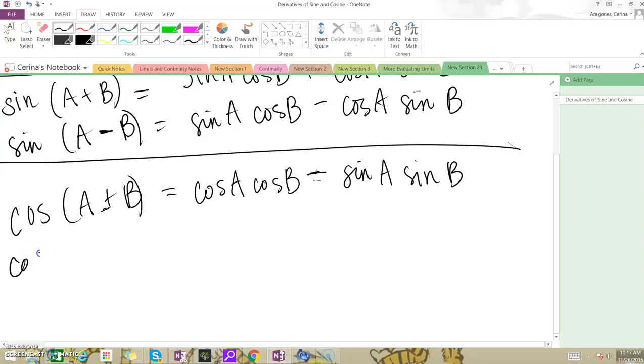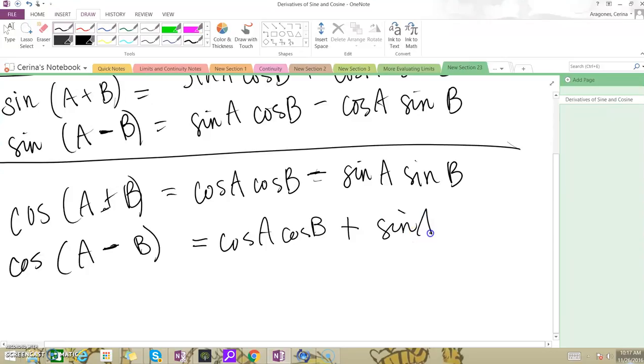For cosine of A minus B, it becomes cosine A cosine B plus sine A sine B.